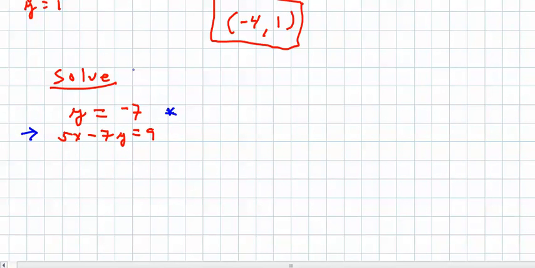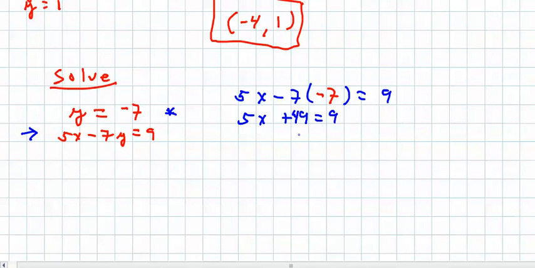Well, in our first example, we had to substitute an expression. Now, I have 5x minus 7y equals 9. I know what y equals. y is equal to negative 7. I replace y with negative 7, and now I solve. 5x plus 49 equals 9.